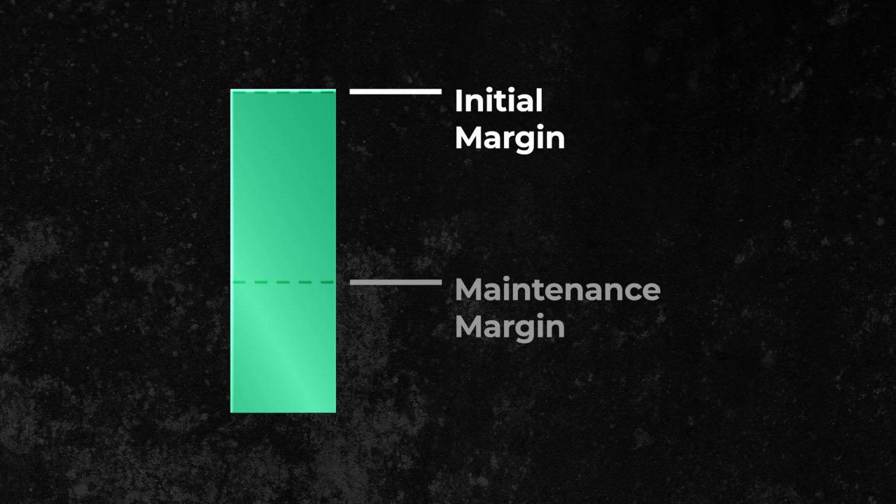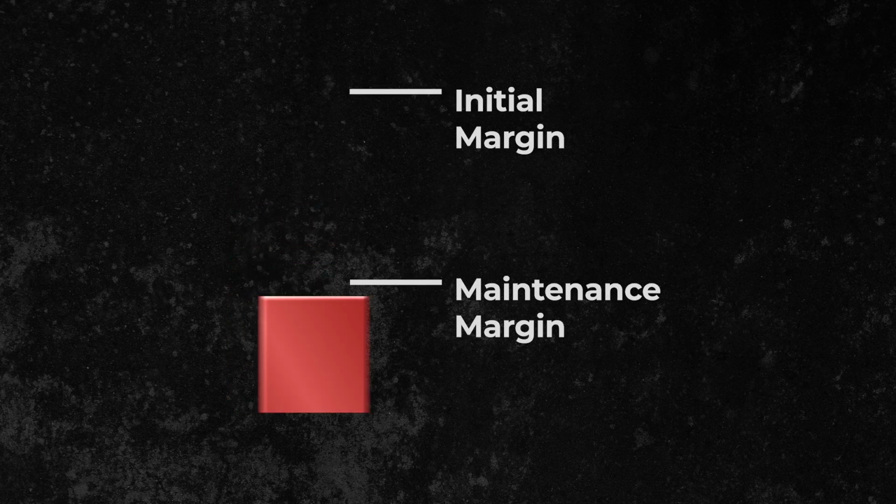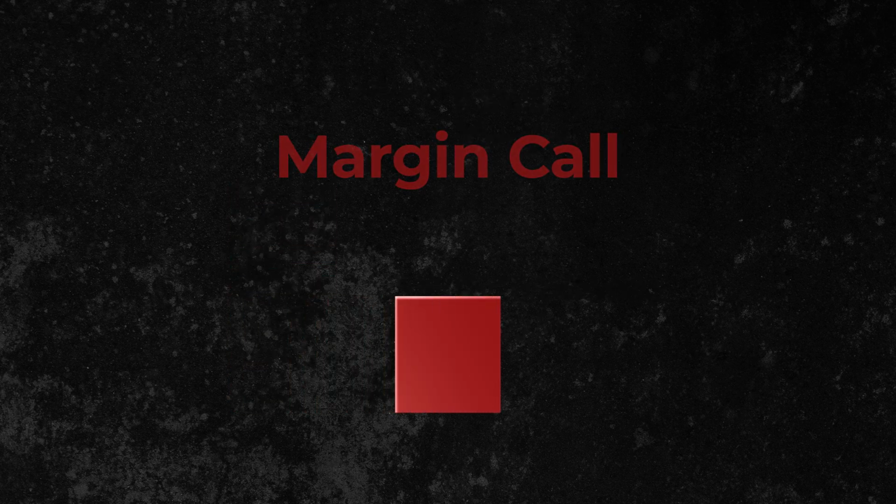Initial margin is the amount required to open a position, and maintenance margin is the minimum balance your account must maintain to keep that position open. If your account balance falls below the maintenance margin, you may face a margin call, a request from your broker to add funds, or risk having your position liquidated.